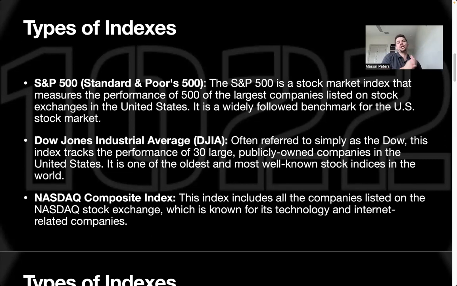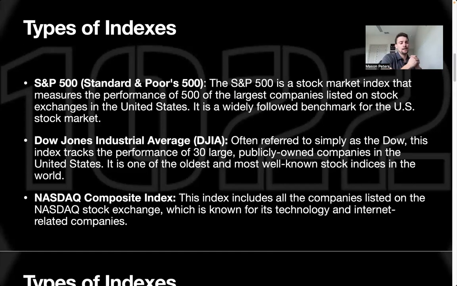The Dow Jones Industrial Average is often referred to as the Dow. This index tracks the performance of the 30 largest publicly owned companies in the United States. We're talking Apple, Amazon, Microsoft, NVIDIA, you know, the big boys, right?